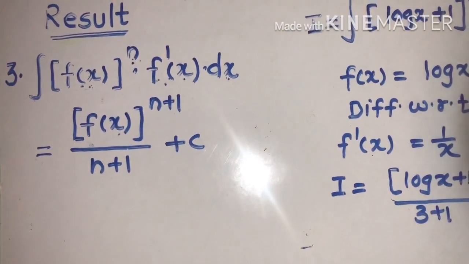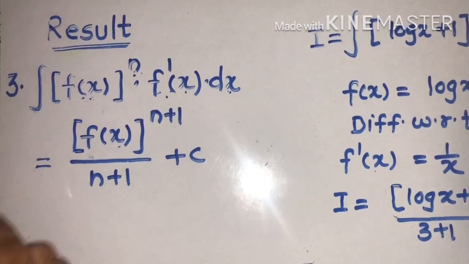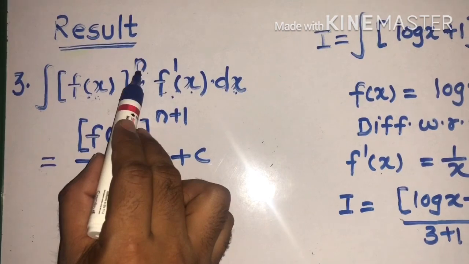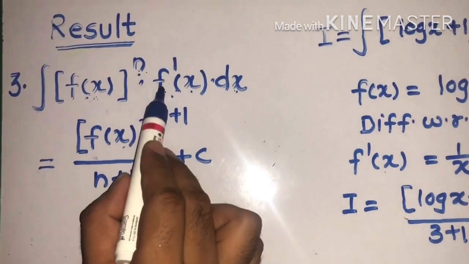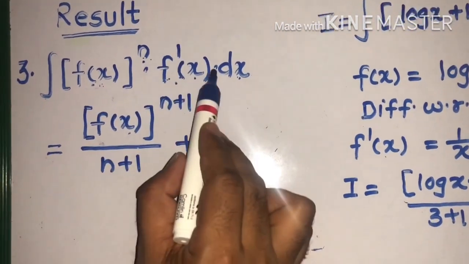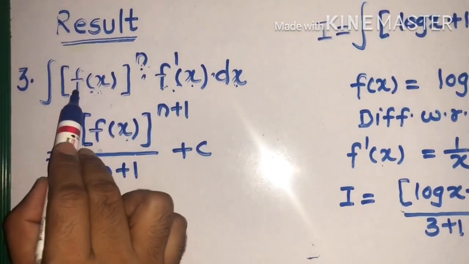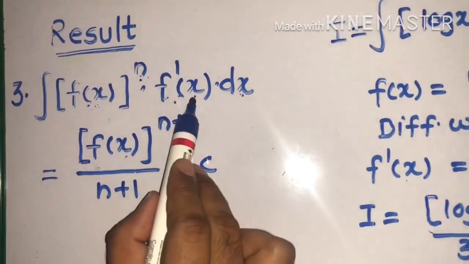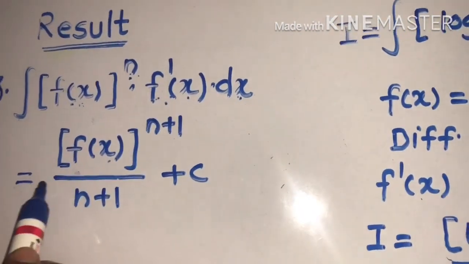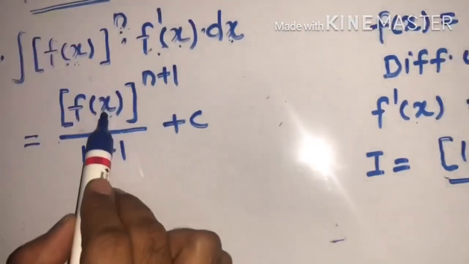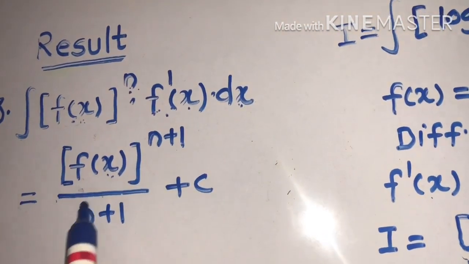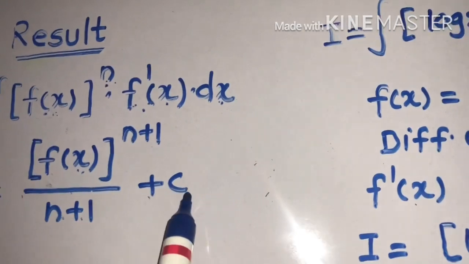Now we are going to take the third result, which is the integration of function raised to n into f dash x into dx. You have some function and its derivative is present here. So its answer is function raised to n plus 1 upon n plus 1, plus c.